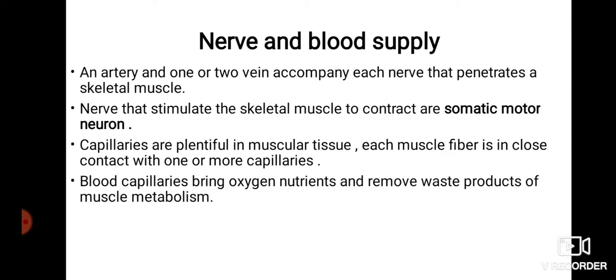Because the blood carried by the capillaries brings oxygen and nutrition, which is provided to the muscles, and it also removes waste products from the muscles during their metabolic activity. This is the reason that muscle fibers are in very close contact with the capillaries.